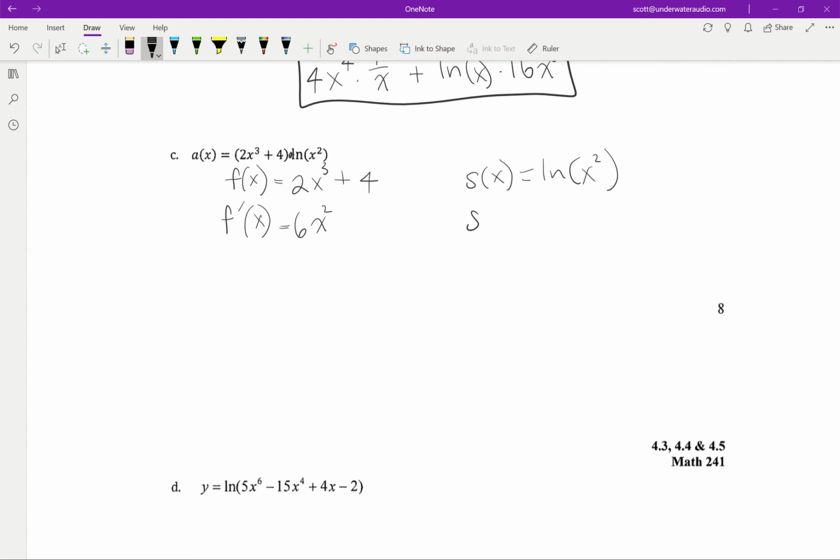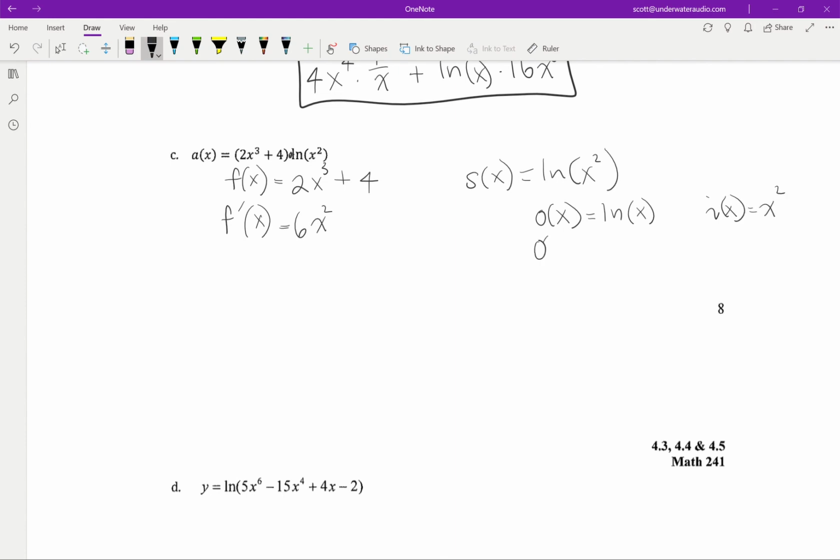So then the derivative of the second function, this one is actually a little bit more complicated because it's not just natural log of x, it's natural log of x squared. So we'll actually have to use the chain rule over here. So for this one, the outside function is the natural log of x, and the inside function is x squared.